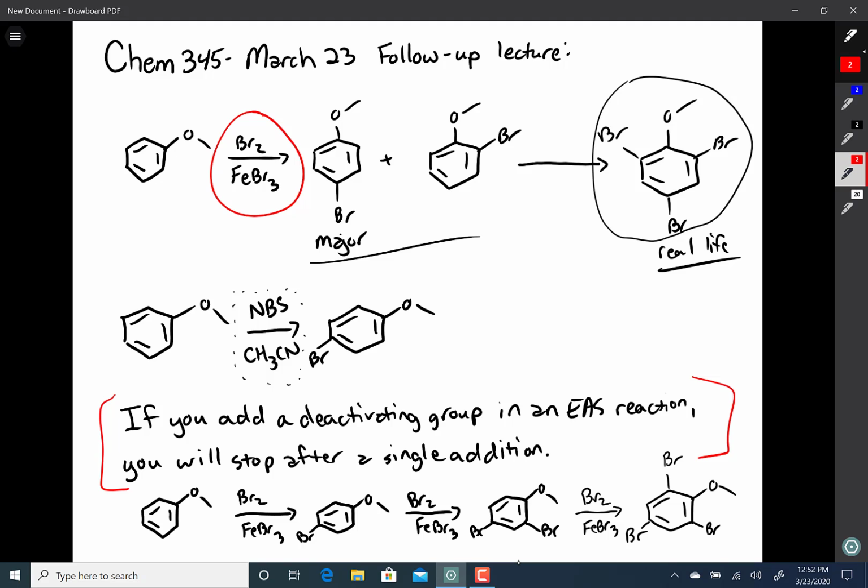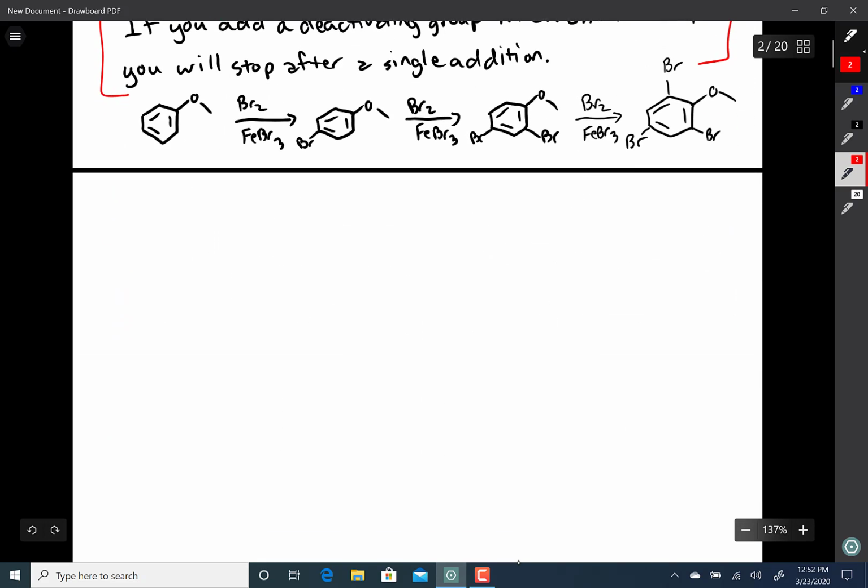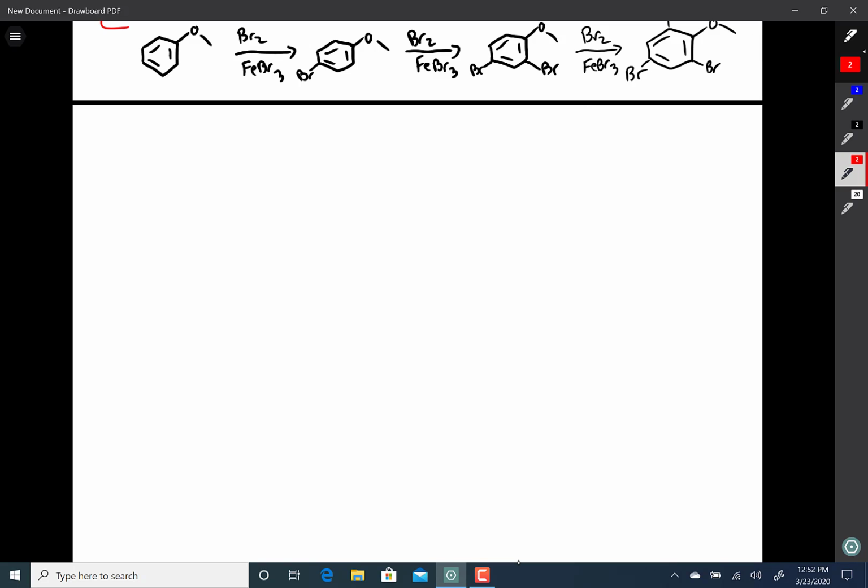The second follow-up question had to do with the problem sets.